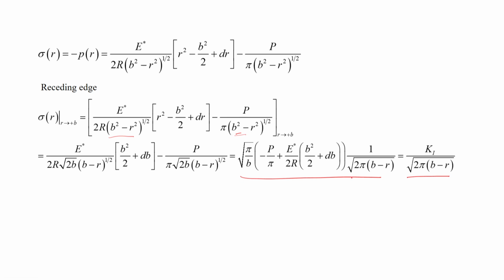Here you see K1, and I have described it earlier, this is called the stress intensity factor of mode 1 crack, given by 1 by square root of pi b, and here minus p over pi plus E star by 2R into b square by 2 plus d into b.